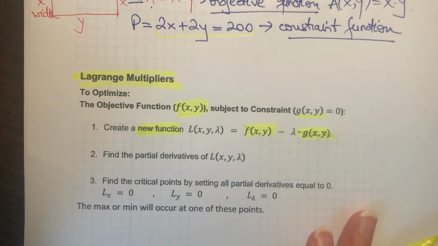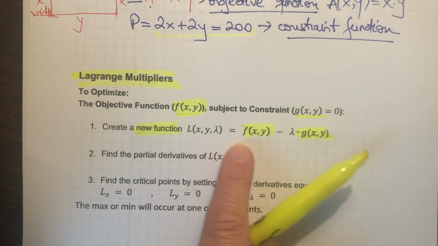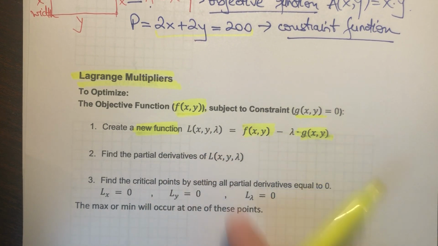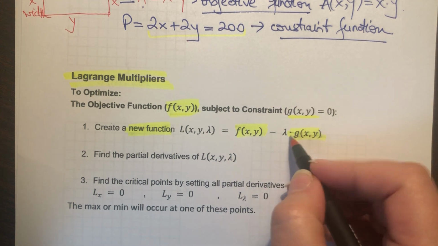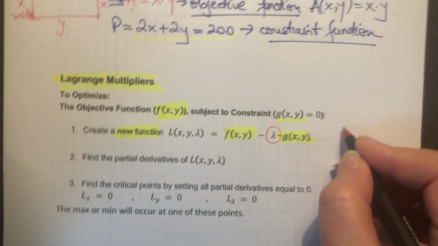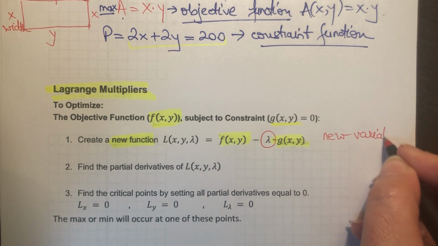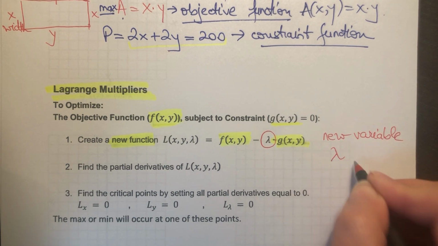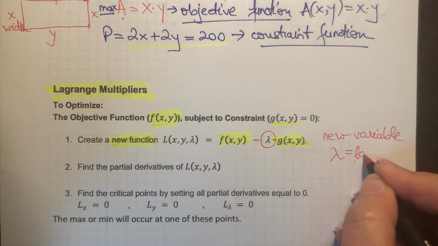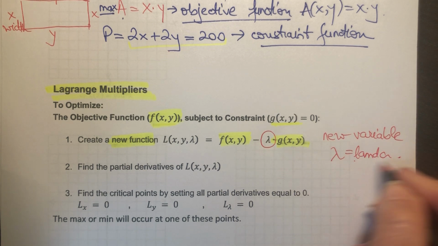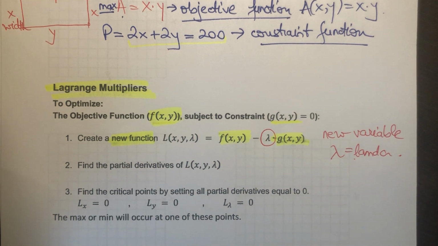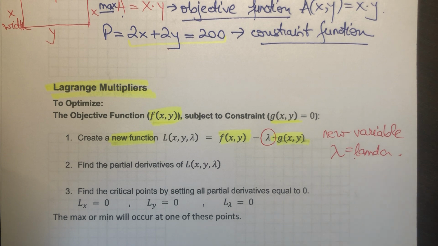However, it's a function of three variables now, the x and the y that you already had, and it's introducing this new variable called lambda, which is the Greek letter lambda.